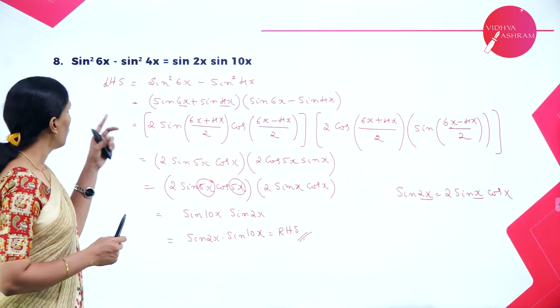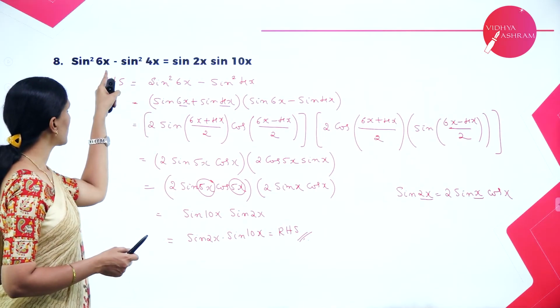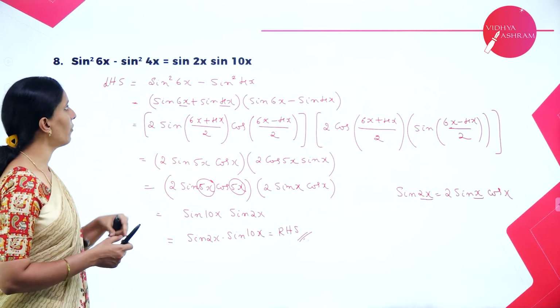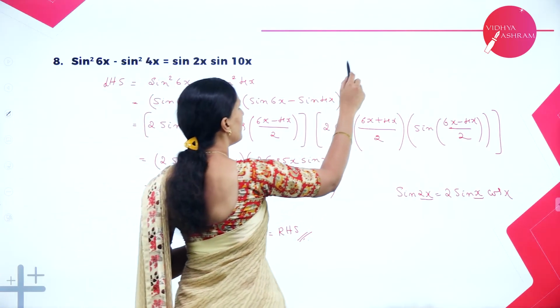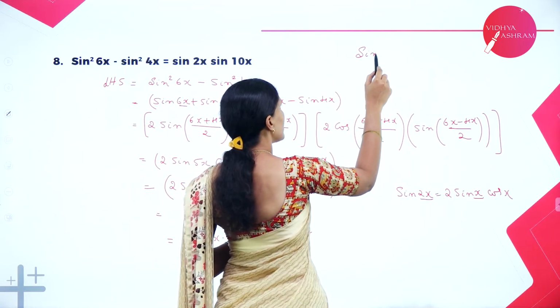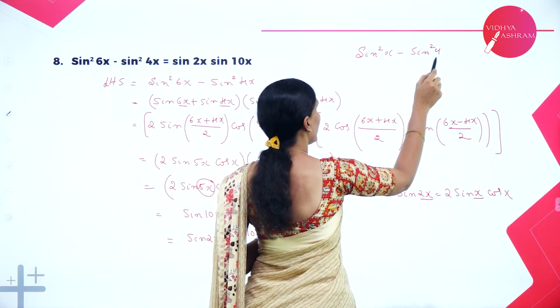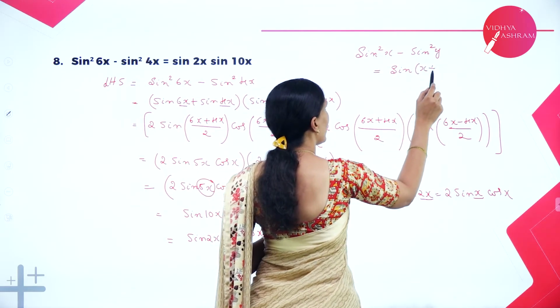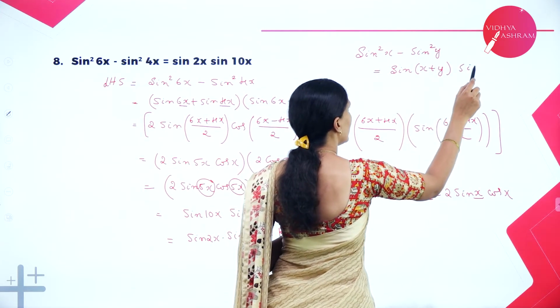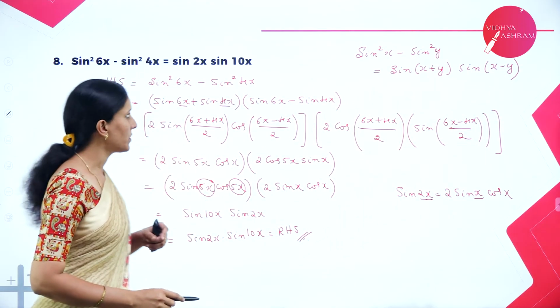So we have one more shortcut method to find that sin square 6x minus sin square 4x is equal to sin 2x into sin 10x. That is, we have a trigonometric formula: sin square x minus sin square y can be written as sin of x plus y and sin of x minus y. So this is the formula we can use here.